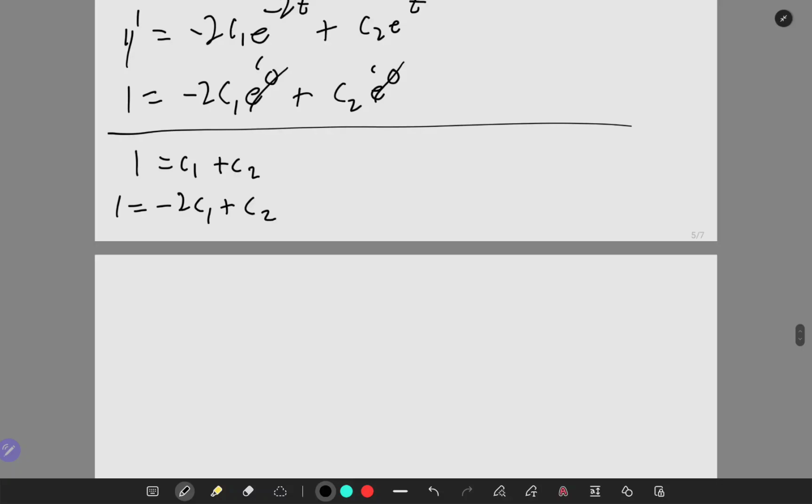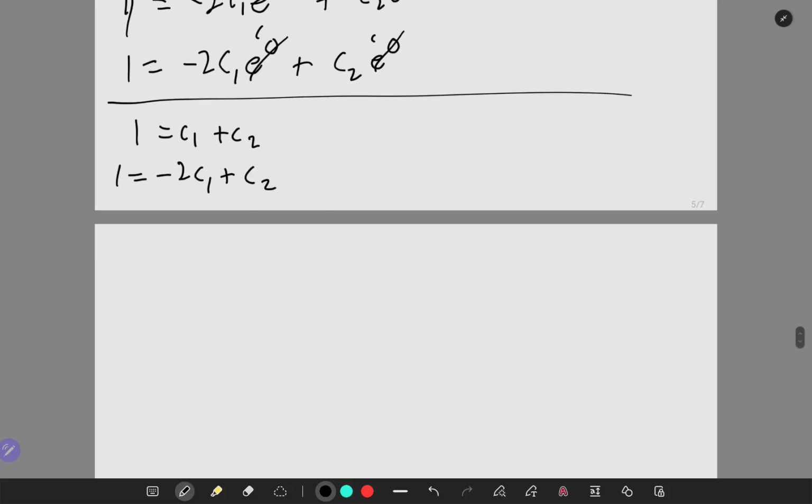If we subtract this first equation from the second one, if I multiply this whole equation by negative 1, and I add it to this row, I'm thinking of matrices here, but I'm just doing elimination.